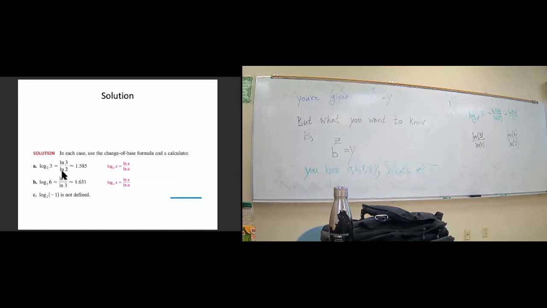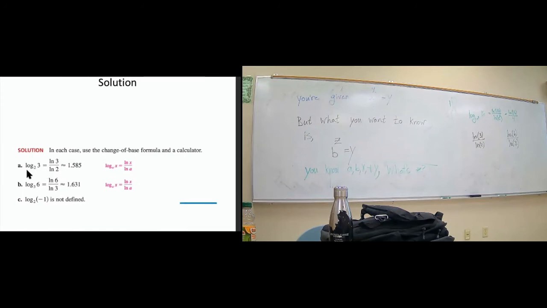So checking the answers really quick. Log base 2 of 3 is going to be the ln of 3 divided by the ln of 2. These can be calculated. But this, I wouldn't want to deal with that, right?